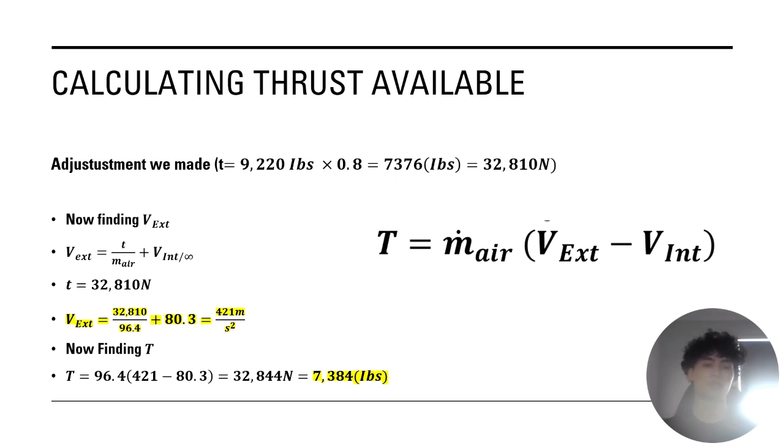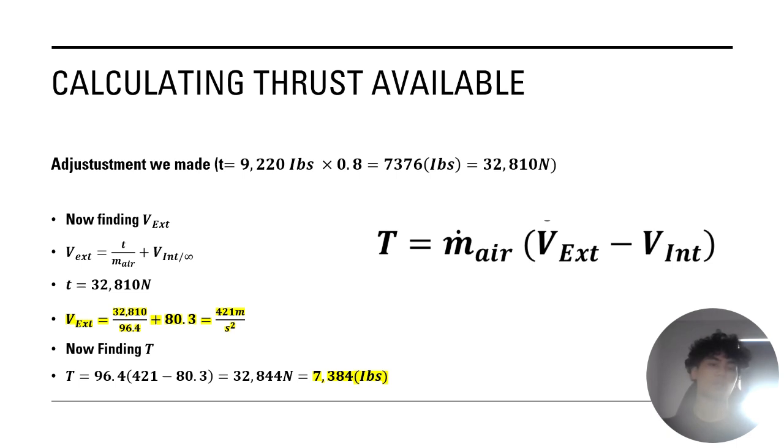To account for thrust loss due to drag, inefficiencies, and thrust lapse at rotation, we scaled this by 0.8. That gives us an adjusted thrust of 7,376 pounds, or about 32,810 newtons.